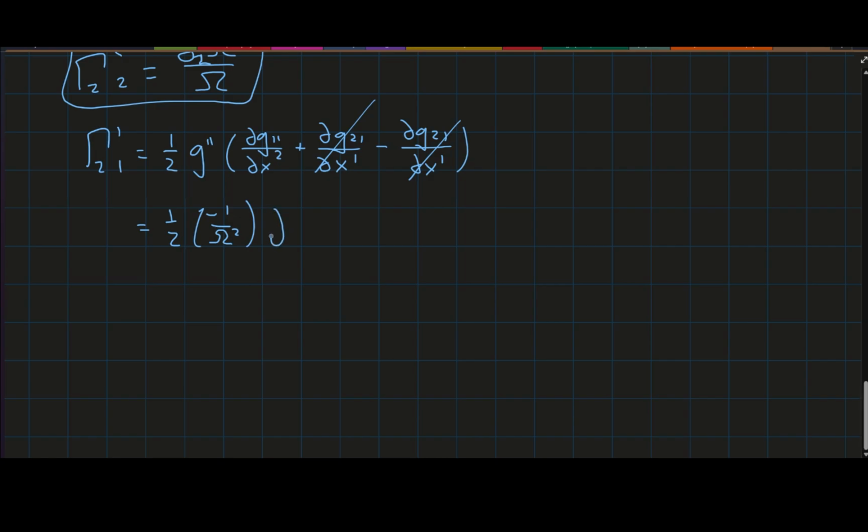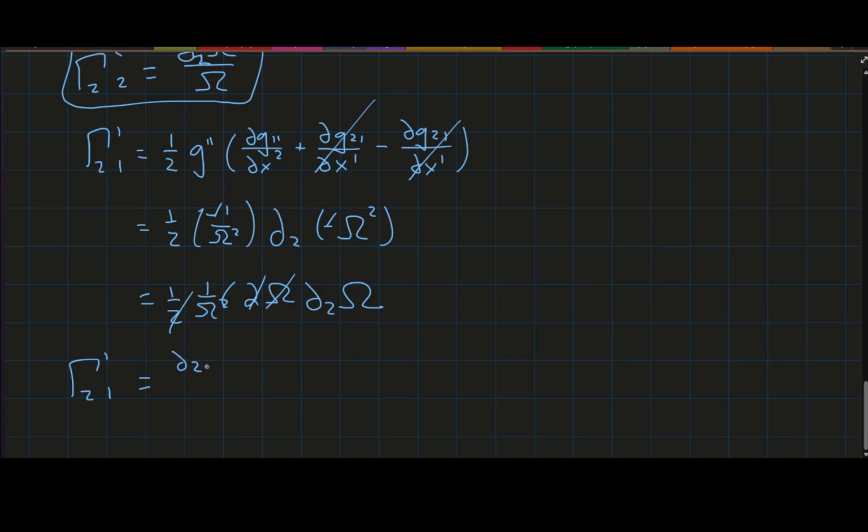Now we get a d2 of minus omega squared. So the negatives are going to cancel because we can pull them out. This is going to be something like 1/2 1 over omega squared times, if we do the chain rule, we get 2 omega d2 omega. Cancel, cancel, cancel, cancel. 1, 2, 1, and we get d2 omega over omega. And that's it for the Christoffel symbols.